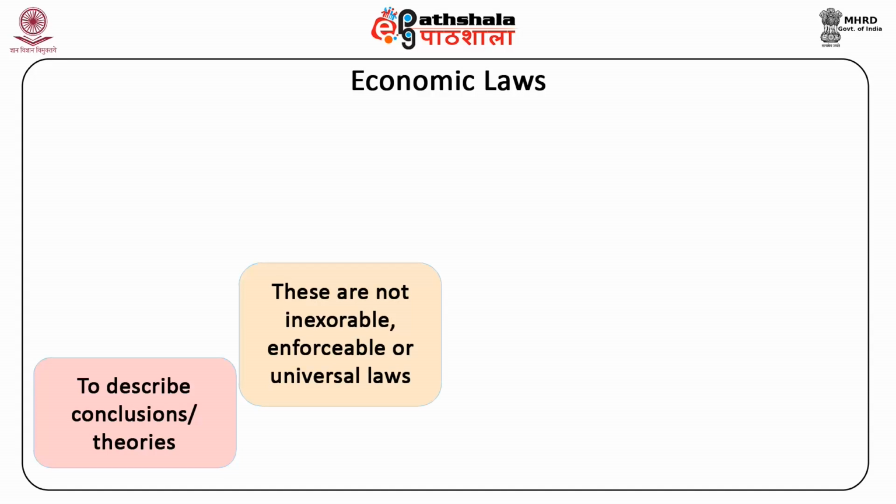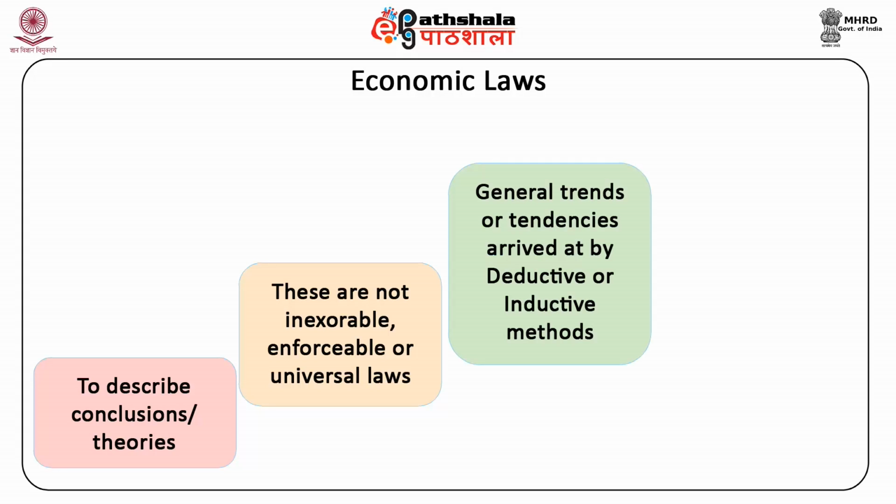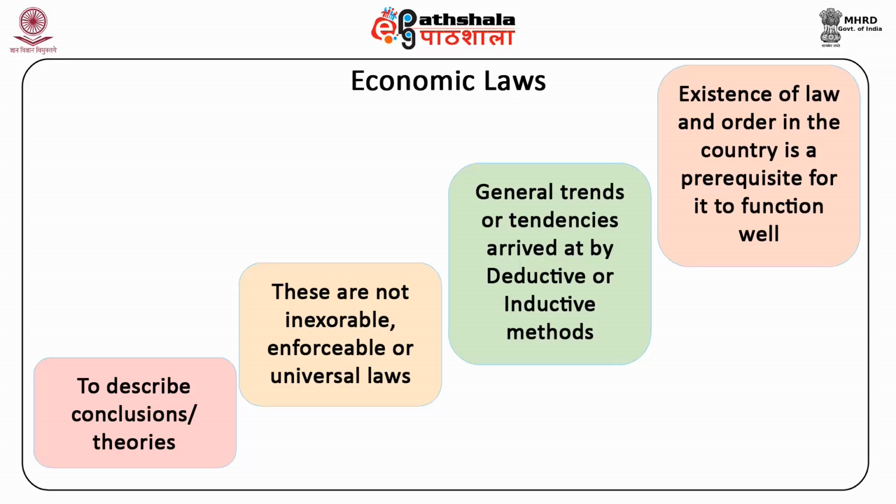These are not laws in the sense of being inexorable, enforceable, or universal laws, but merely general trends or tendencies arrived at by the deductive or inductive methods as the case may be. However, law in the usual sense of the term does have a close bearing on economics. The existence of law and order in the country is a prerequisite for it to function well.